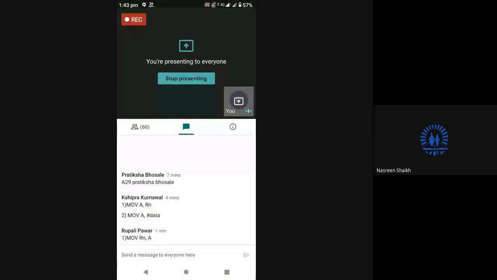This is also correct, no issue. But instead of the general term Rn, you can put R1, R2, R3, which will be a more specific instruction for that particular example or question. That way you can also write the answer. This is also correct, no issue.